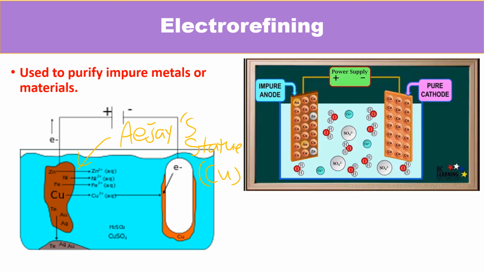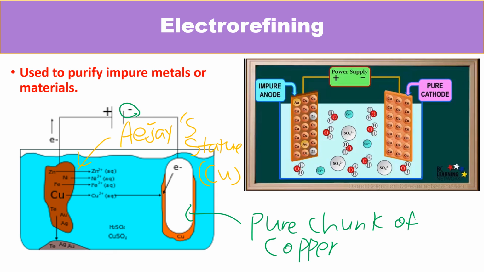Then what you need to do is, well, have a pure chunk of copper on one side, negative side specifically, and then make whatever that statue or any type of matter that you'd like to refine and make look pure, put it in. Then what's gonna happen is some of those chemicals will come out like zinc, nickel, those kinds of stuff that you don't want, but pure metal will be the one that comes out, which is copper in this case. We are not doing this for obviously the Statue of Liberty because it's too darn big.